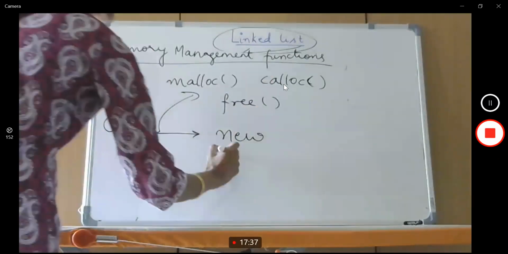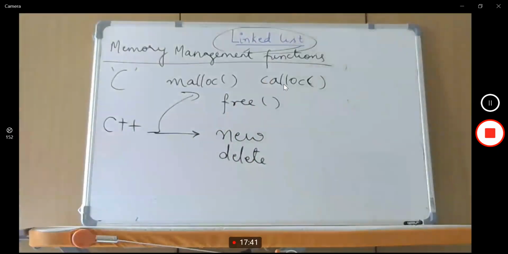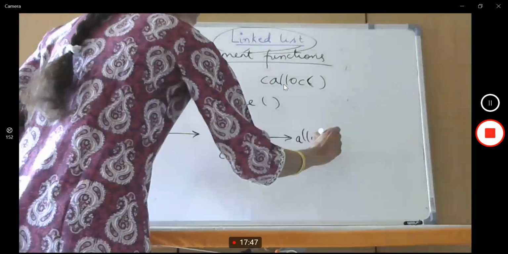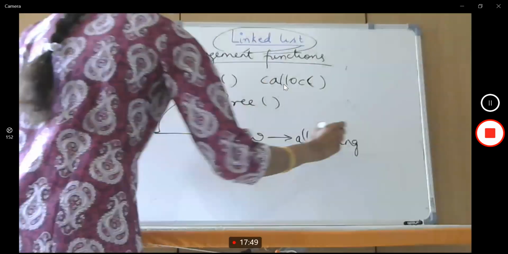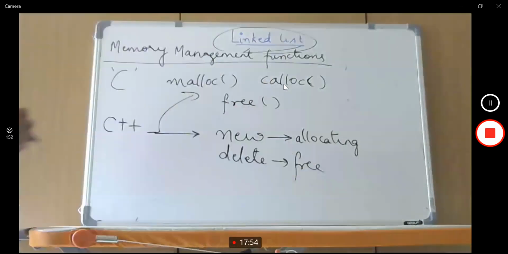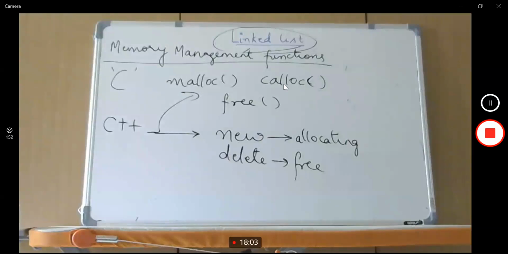The other operator is called delete. The operator new is used for allocating dynamic memory, and delete is used for freeing the memory. We are going to make use of these two very much in all our programs. Two operators, new and delete. New is used for allocating, delete is used for freeing the memory. Now let us see how this new works, what the syntax is and how we can utilize it.